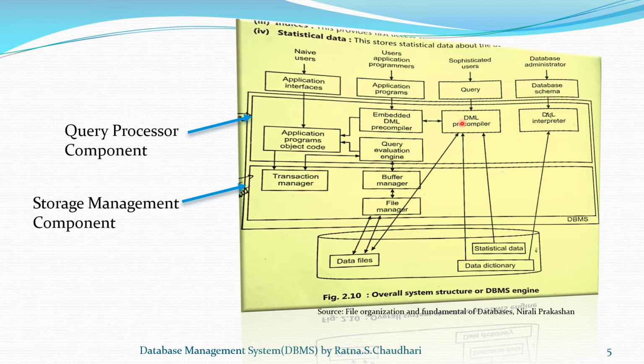Then it is given to the query evaluation engine. This query evaluation engine will evaluate the query and translate the user request into a more efficient form so that it will find a good strategy to execute the query.